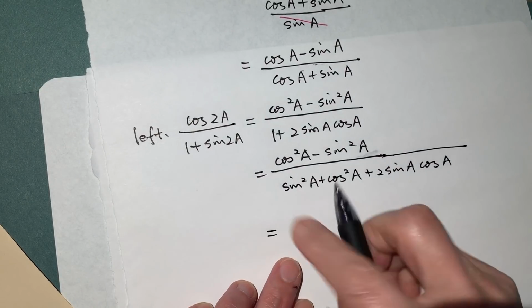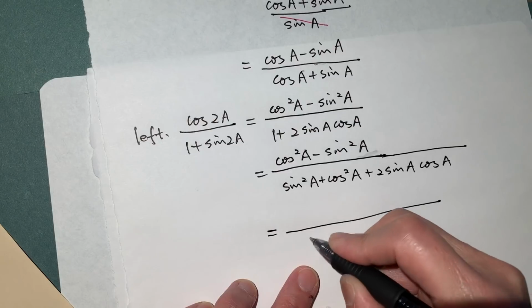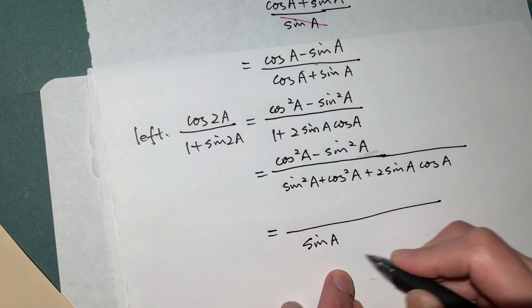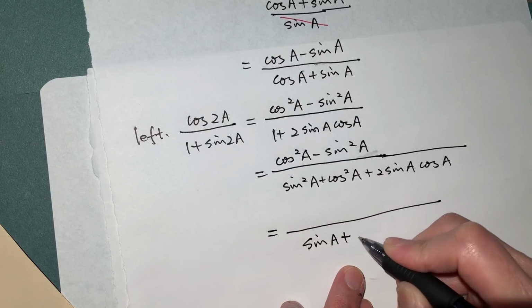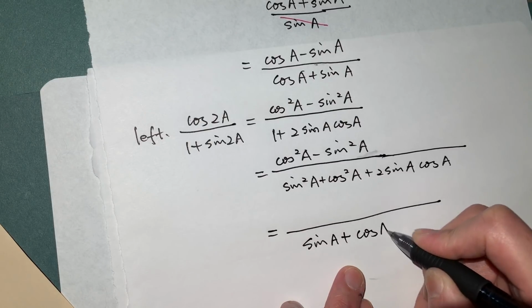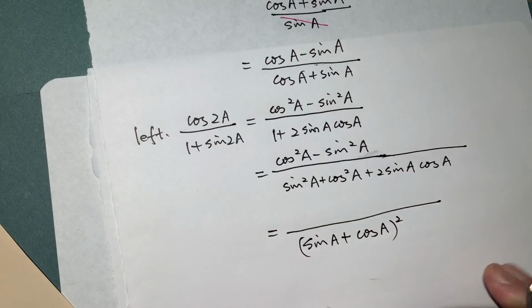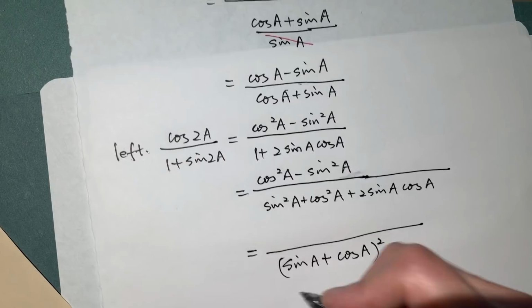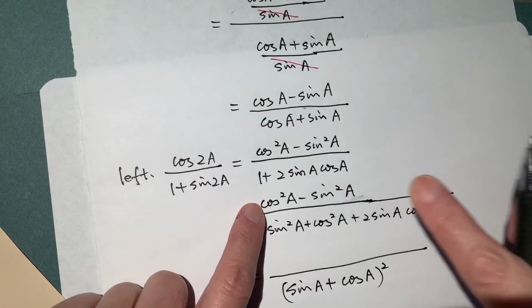Now we see this becomes sine a plus cosine a square. Make sense? And on the numerator part, we actually change.